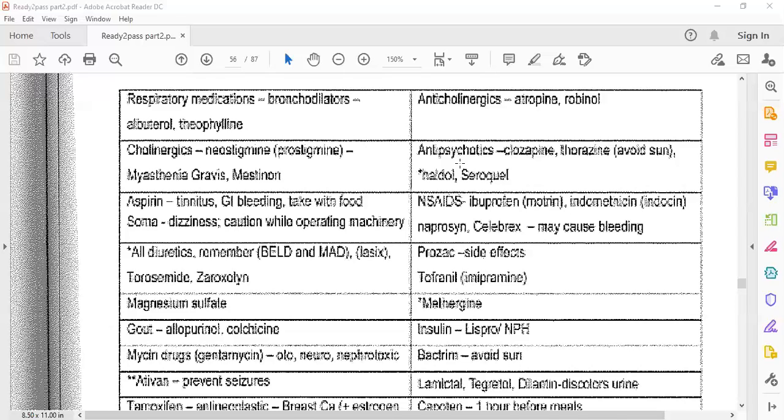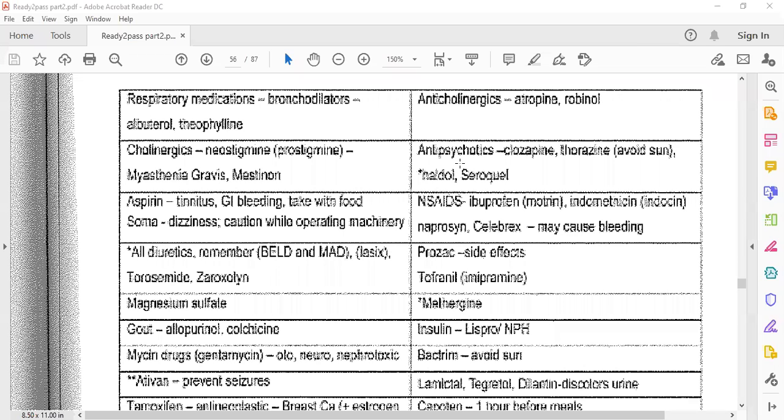The person who takes an antipsychotic will have altered vital signs, like hypotension, reduced blood pressure, right? B stands for blurred vision. C stands for constipation and confusion, which develop in patients who take antipsychotics for a long time.